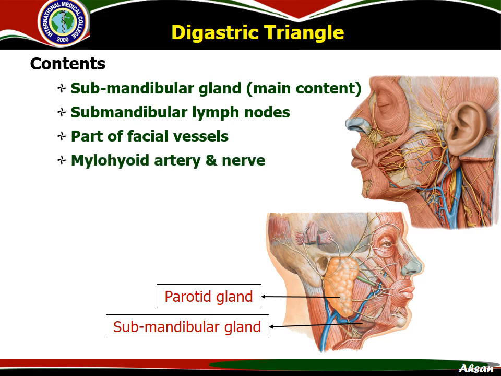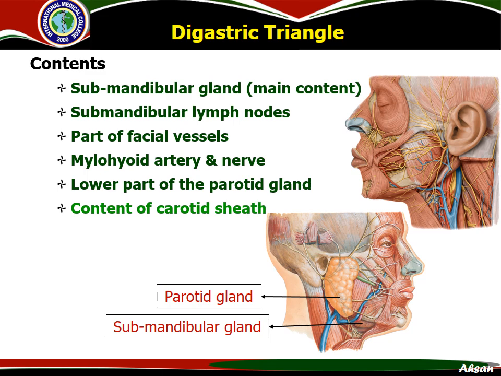Mylohyoid arteries and nerves are also present in this area, and you can see in the figure the lower part of the parotid gland has projected into this digastric triangle. Content of the carotid sheath in the upper part and the glossopharyngeal nerve remain behind the muscle making the posterior inferior boundary.